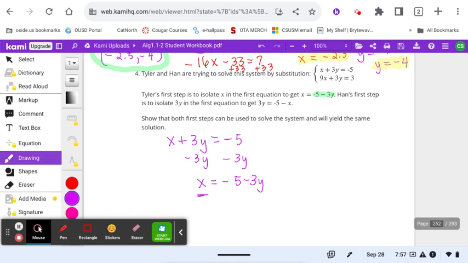Okay, so we're going to take the other equation, 9x plus 3y equals 3.